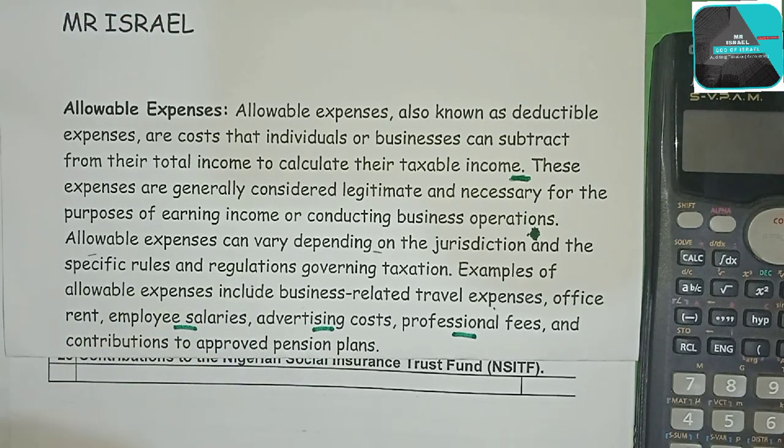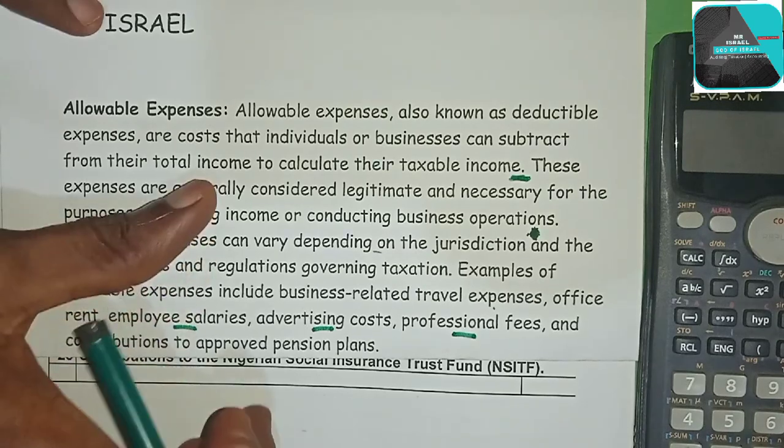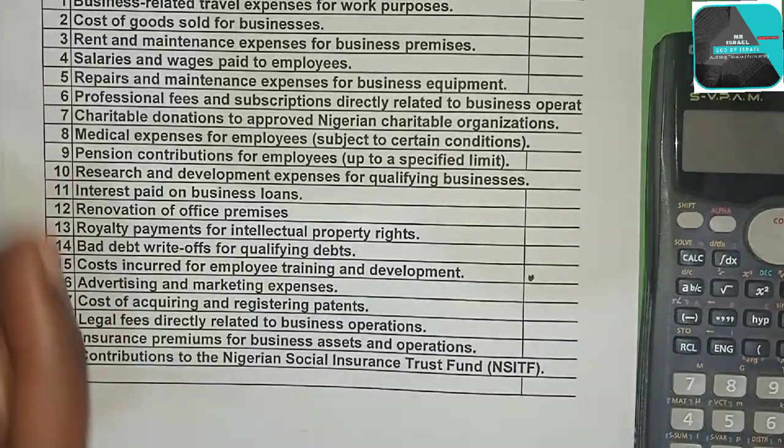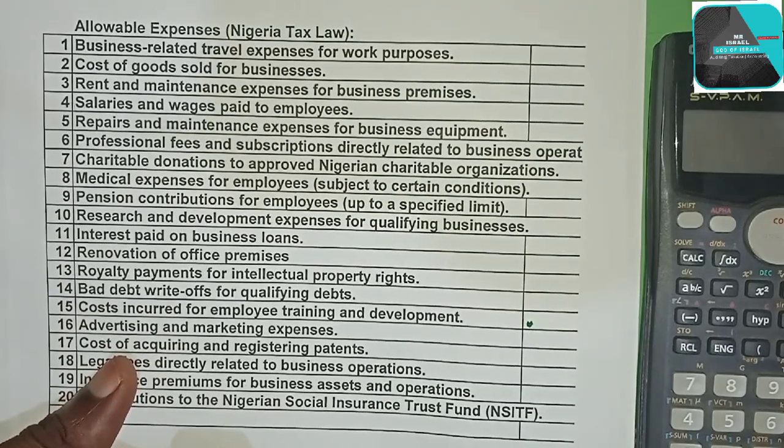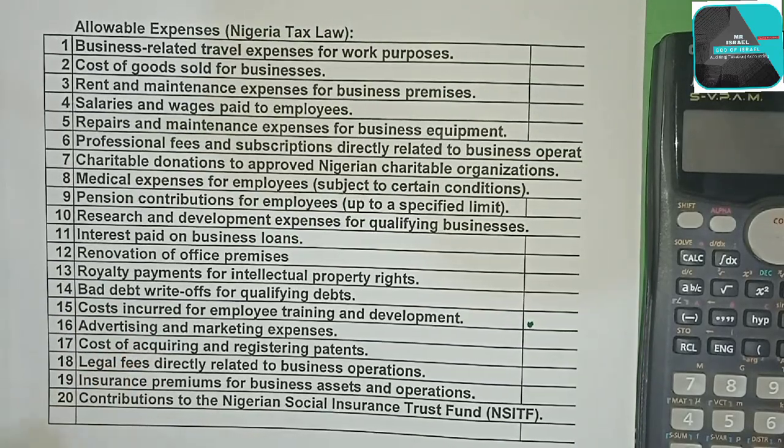Now let's go into detail on different kinds of allowable expenses. I believe you have an idea of what allowable expenses are. There are those legitimate deductions associated with the business, those expenses that associate with the business are allowable.